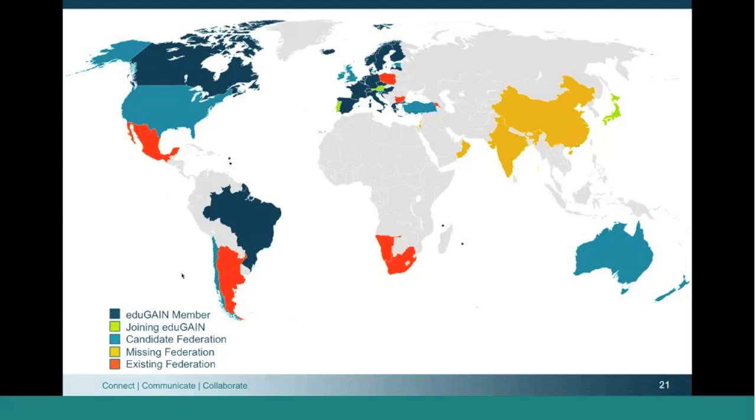South Africa is developing a federation. TENET and CSIR in South Africa are developing an identity federation. They've actually had some consultants from WAYF in Denmark go and do some courses in South Africa to bootstrap their federation, and it's highly likely that they'll come on board very quickly.